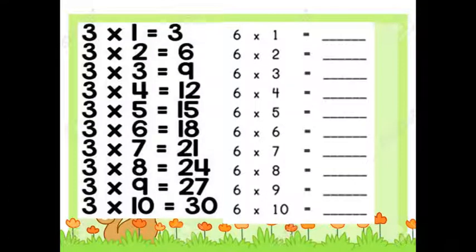So we have here the multiplication table of 3. 3 times 1 equals 3. 3 times 2 equals 6. 3 times 3 equals 9. 3 times 4 equals 12. 3 times 5 equals 15. 3 times 6 equals 18. 3 times 7 equals 21. 3 times 8 is equal to 24. 3 times 9 equals 27. 3 times 10 equals 30.